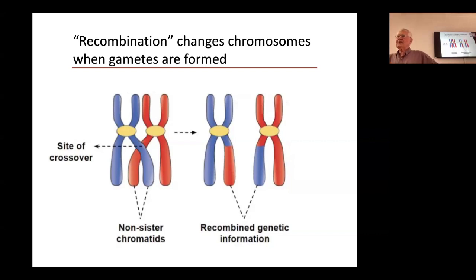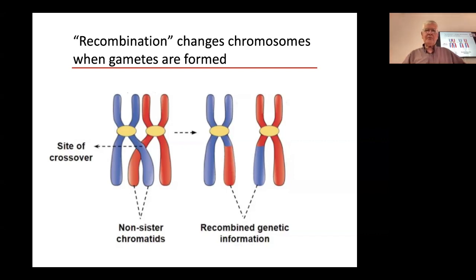Even though you inherited these chromosomes, they change with every generation. And how does that happen? It turns out to be very important because it really drives evolution. It increases the diversity of everybody.